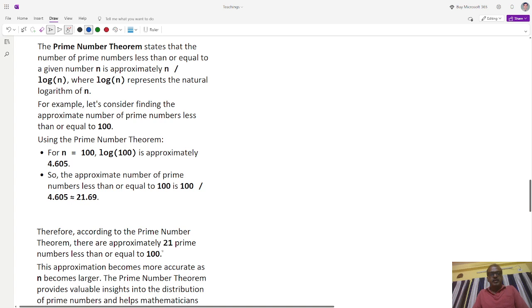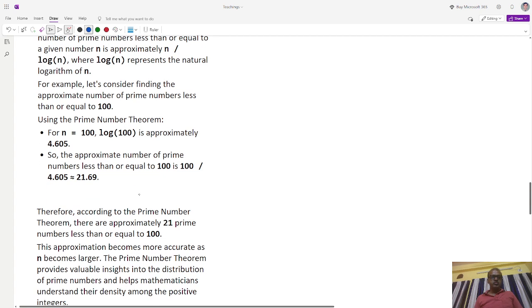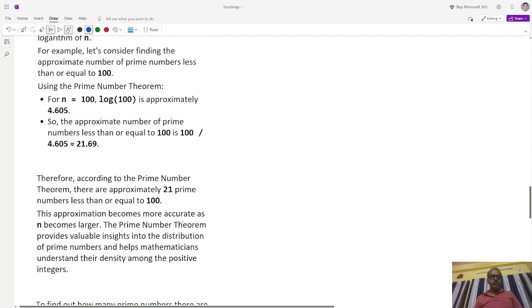But 100 is a small number. If we elevate this number to a big number, then this rule will be more accurate. This approximation becomes more accurate as n becomes larger.